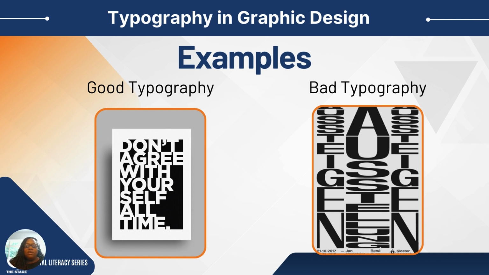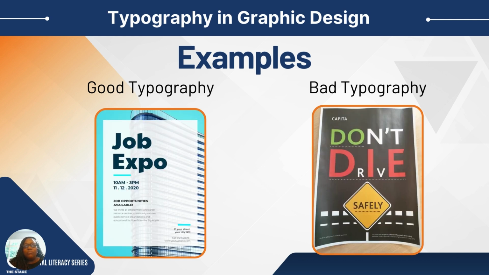I have no idea. I've been trying to figure it out. I think it says oxygen. I don't know. You see how when you choose bad typography or bad fonts and you stretch them and things to make them, of course, you're being creative, but your reader has no idea what it's supposed to mean. We want to make sure that things are readable.